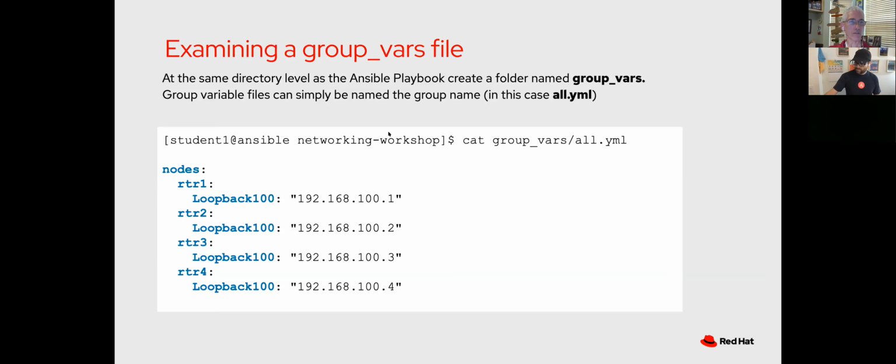We have a variable called nodes, and for every router in our configuration, 1, 2, 3, 4, we specify an interface, and then we specify the value for that interface. So I've got one file where I specify the actual values, and we'll see in a little bit that I can use it with the template to generate the configuration file for that router. This is the first piece: defining what the values would be.